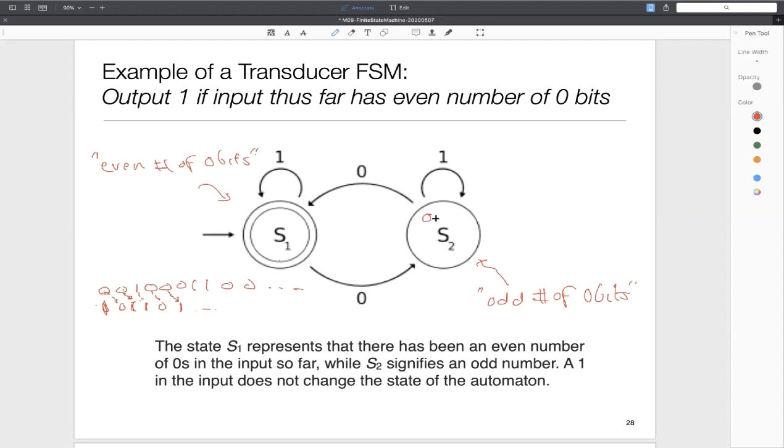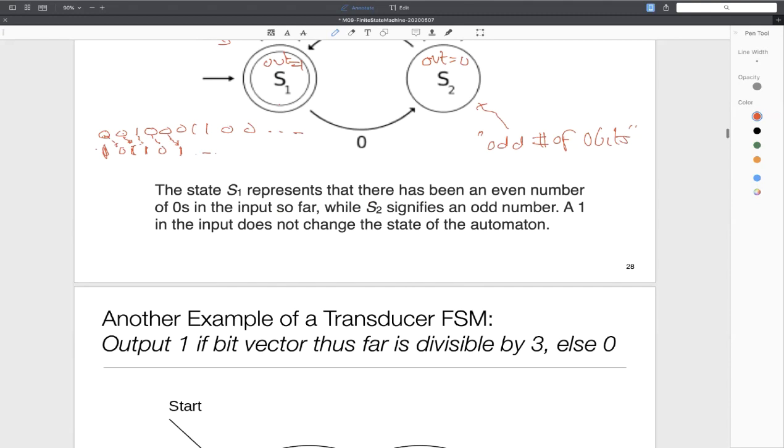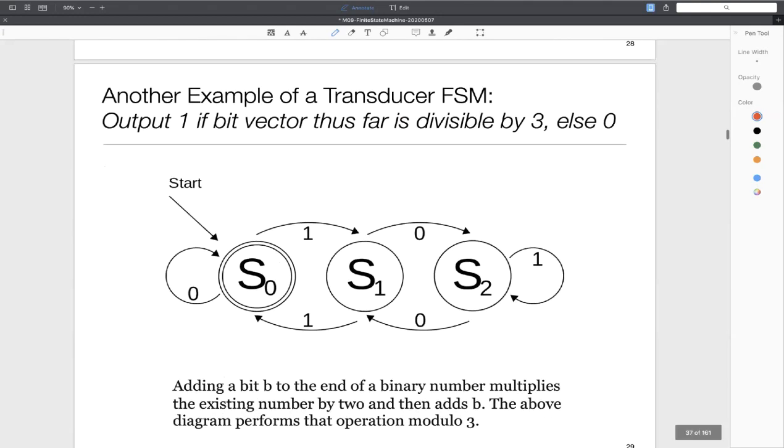I will say out equal to 0, and here I will say out equal to 1. In this case, clearly the way we are thinking of this is as a Moore machine. Okay, so let's look at another example.